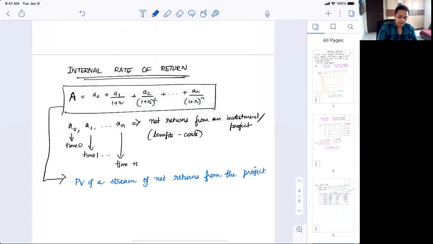Now, oftentimes you're likely to see an expression like this when you're doing cost benefit analysis and trying to figure out if a particular project is a more optimal choice because it has higher net returns or higher profits, and so on. And internal rate of return is one concept that is used in cost benefit analysis to help us gauge or compare different projects.